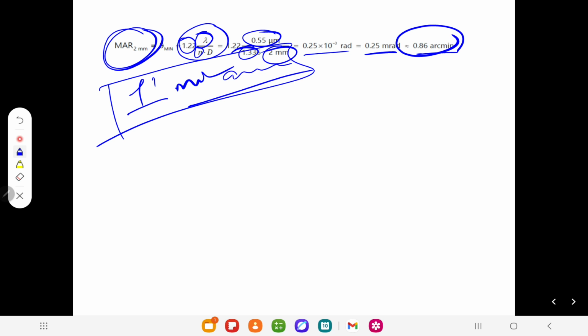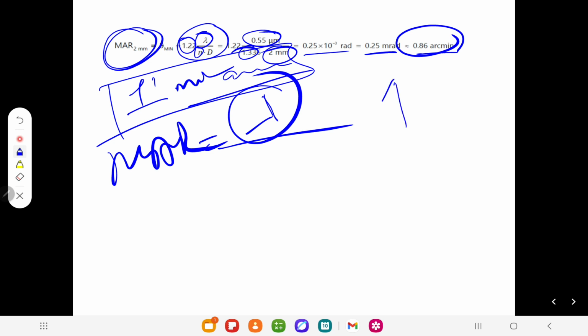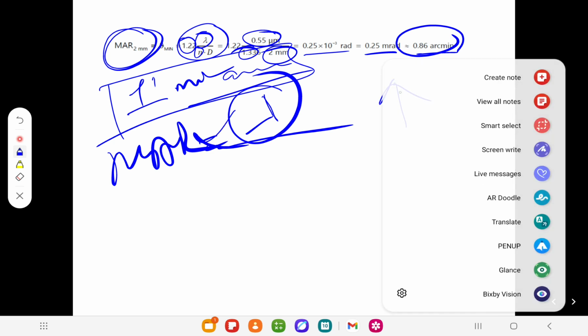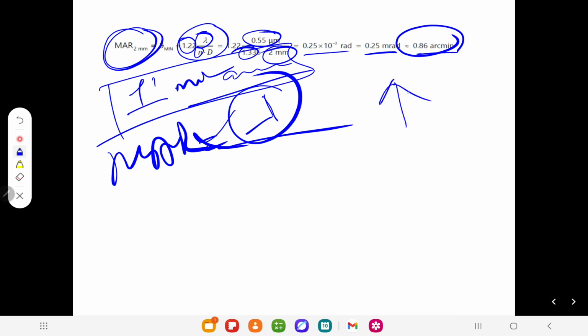Okay, but what happens if we change lambda? Can you guess? See, MAR. What do you mean by MAR? If lambda increases, MAR also increases, isn't it? It's directly proportional. What do you mean by MAR increases? MAR increases means decrease in vision, isn't it? Visual acuity. The lesser the MAR, the better it is.